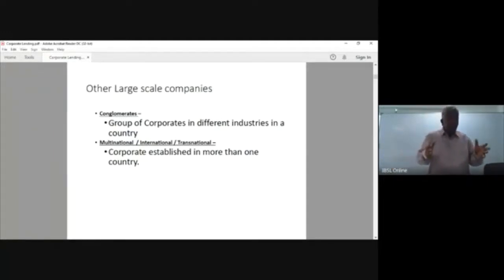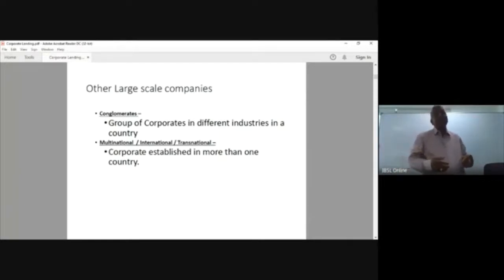These are groups of companies in different industries in a country. There may be a parent company, and then subsidiary or associate companies in which the parent company has shareholding. These are groups of corporates.